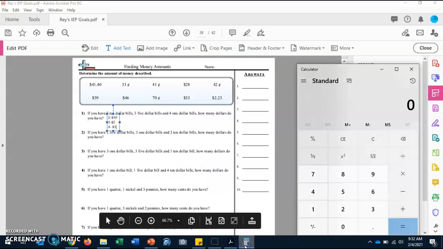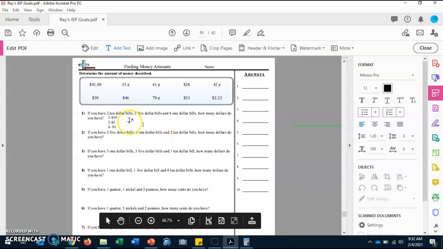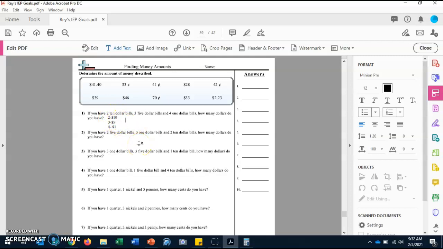So we are going to add, Ray. We can write it down if this makes it easier for us. So we know she has 2 $10 bills, so we're going to put 10 plus 10. And then she has 3 $5 bills, so we're going to add those too.